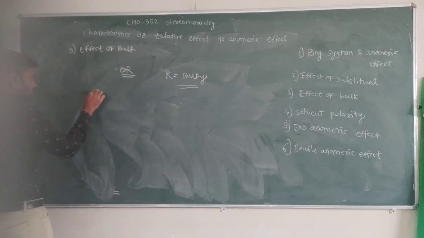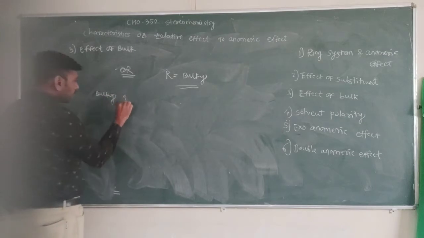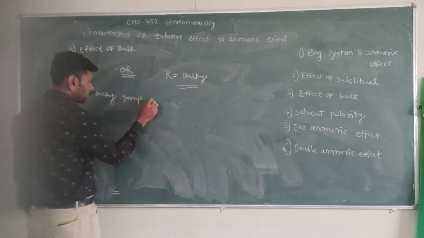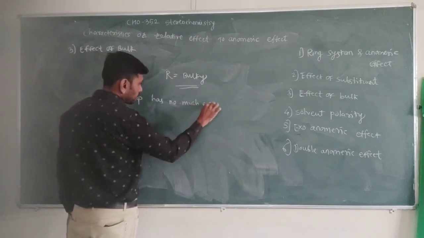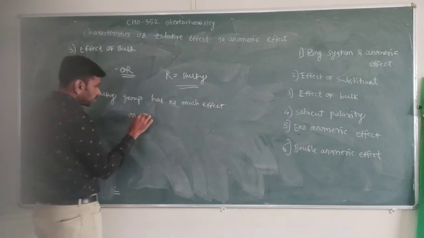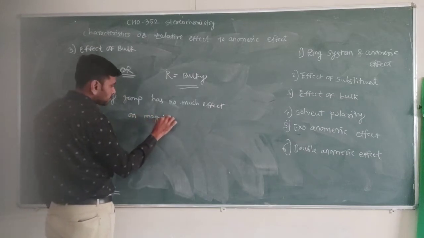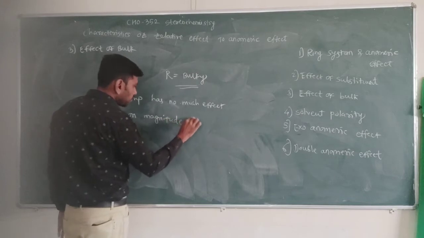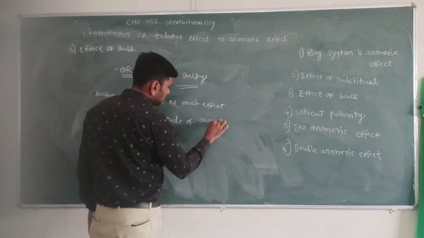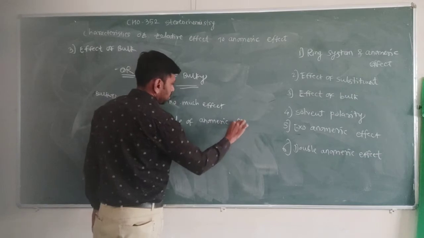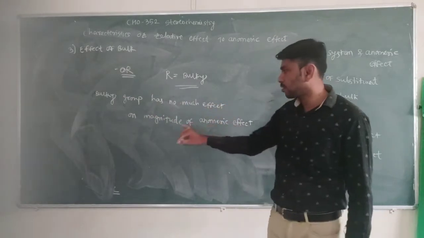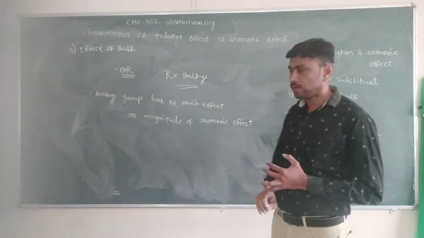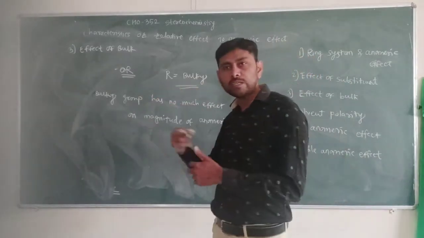So the bulky group has not much effect on the magnitude of the anomeric effect. The magnitude of the anomeric effect cannot change when we change the R group.